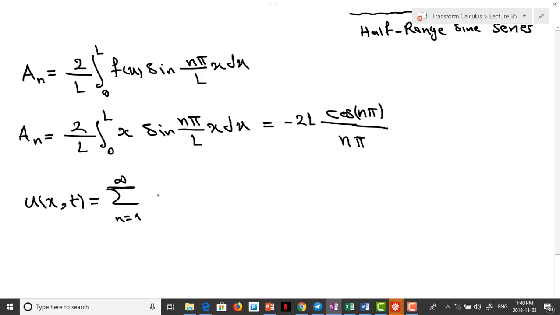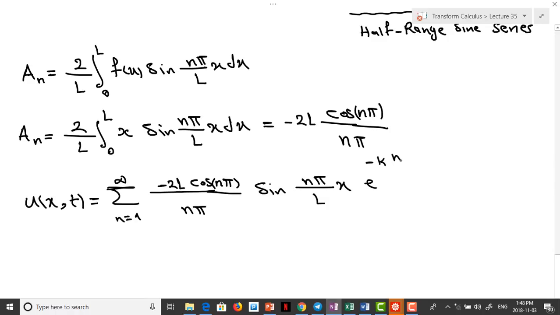So an is minus 2L cosine n pi divided by n pi times sine n pi over lx times e to the power of minus k n squared pi squared divided by l squared times t. So we could find solution of this heat equation, and it can satisfy heat equation, boundary condition, and initial conditions.